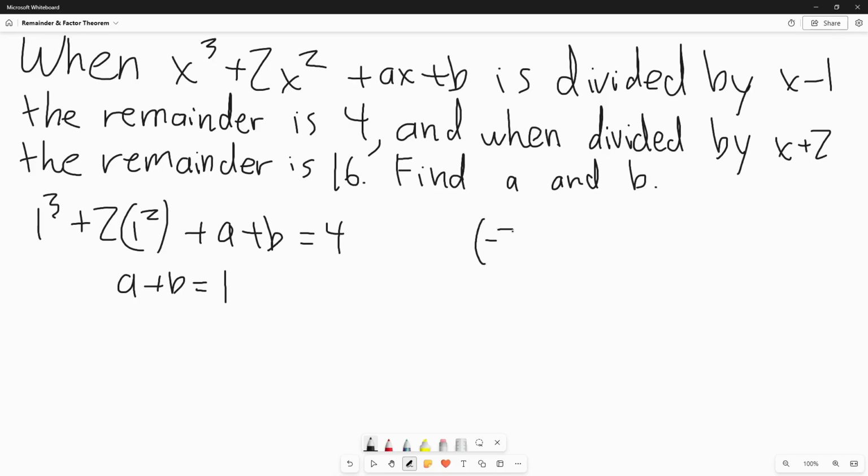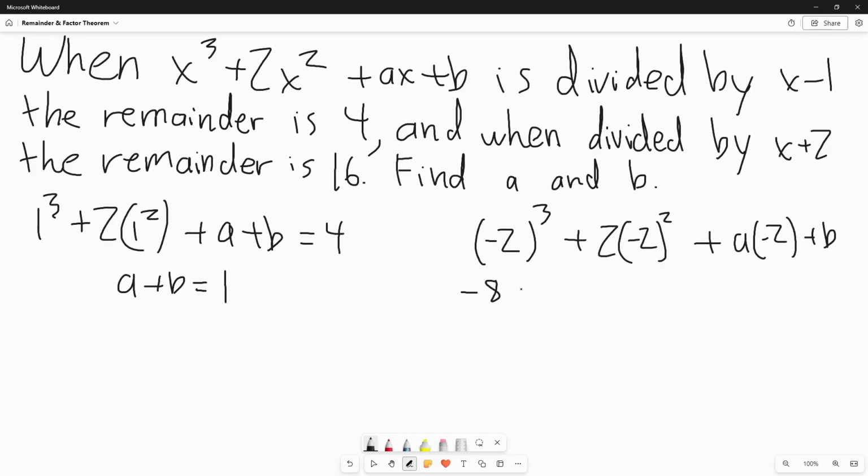So negative 2 cubed plus 2 times negative 2 squared plus a times negative 2 plus b, and we get negative 8 plus 8 minus 2a plus b, and we set this equal to 16, which is the remainder, and we get negative 2a plus b is equal to 16.